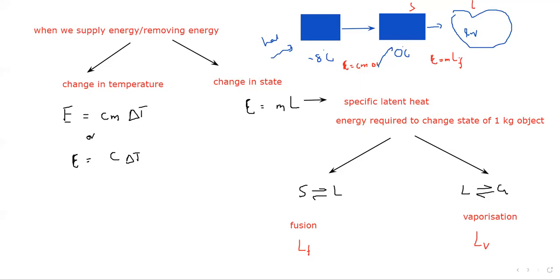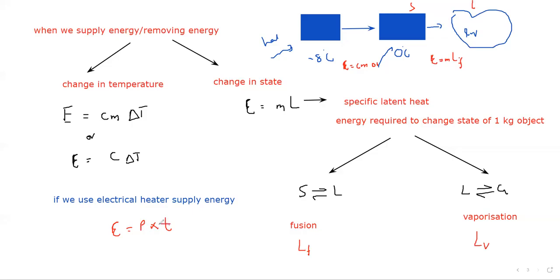Sometimes we use electrical heaters to supply energy. If we are using an electrical heater to supply the energy, in that case, the energy supplied equals the power of the heater multiplied by the time for which the heater is used.